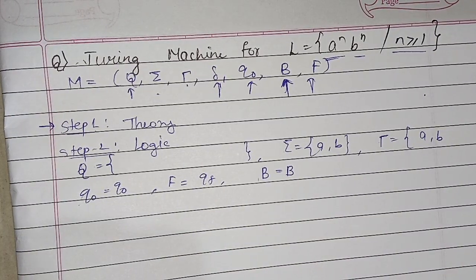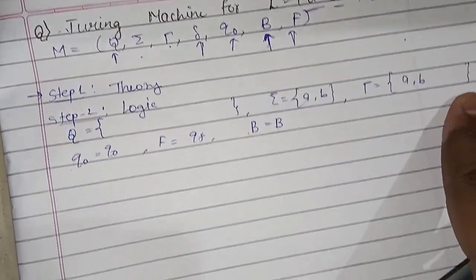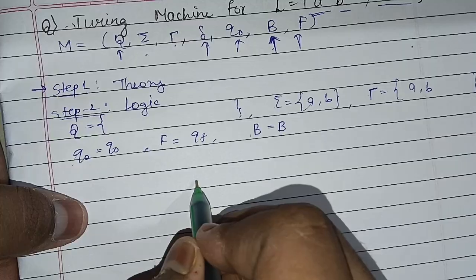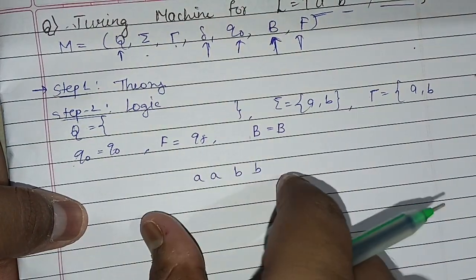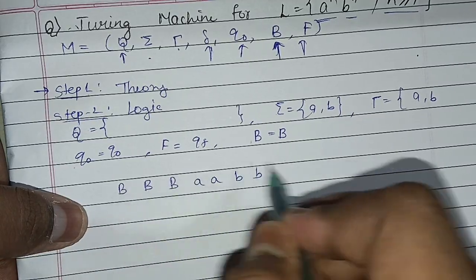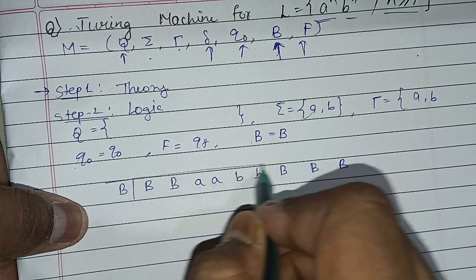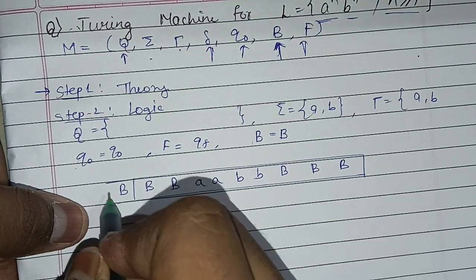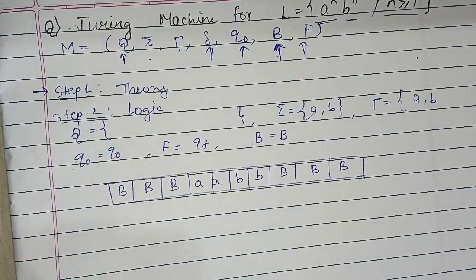Okay, now see, in a Turing machine how the input will come. It's just an example. Since it is a Turing machine, there will be tape symbols. This is like a tape. In this way the input will come to the Turing machine.